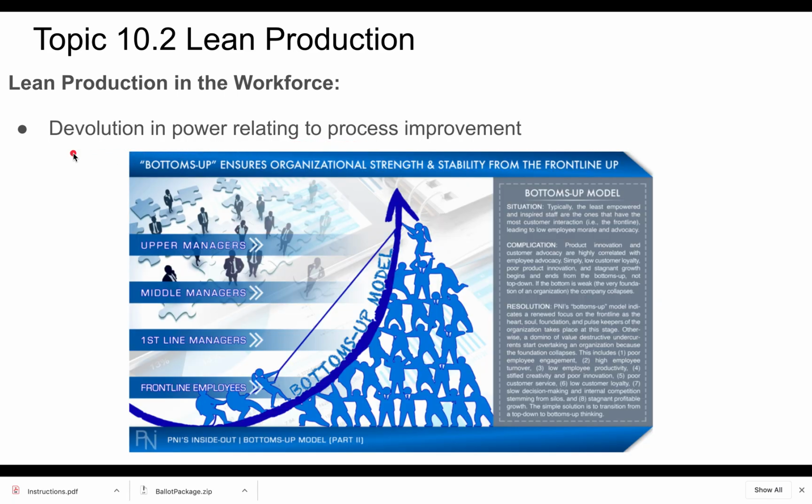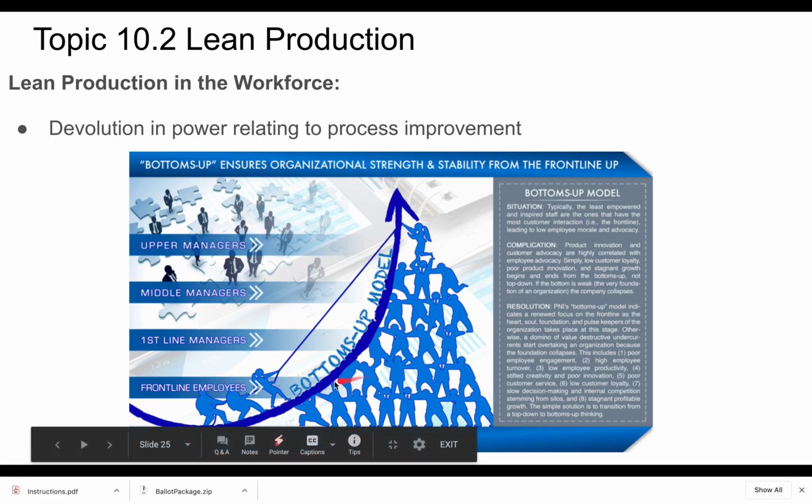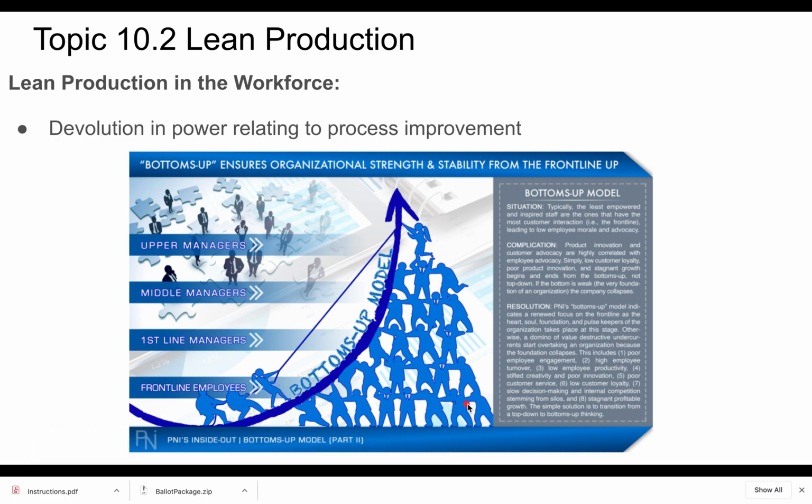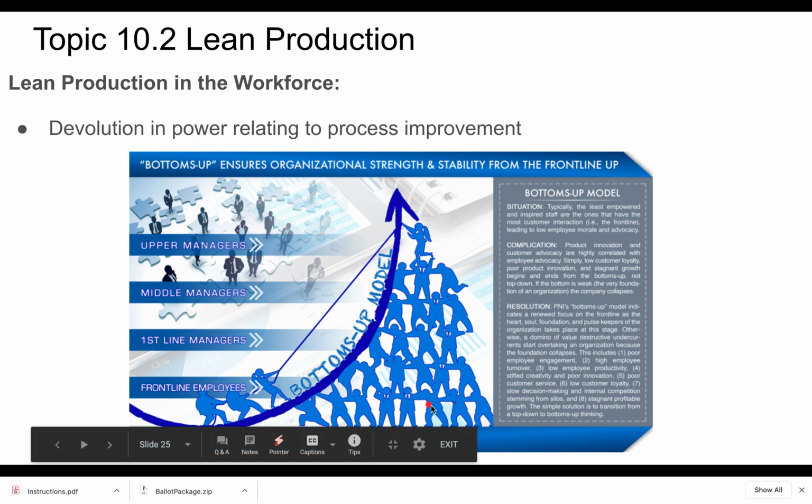Okay, you want to try to devolve power relating to process improvement. What that means is more of a bottom-up idea. You want to empower your frontline employees, the people who are actually on the floor manufacturing things, so that they understand processes, they can make suggestions, and those suggestions filter up.